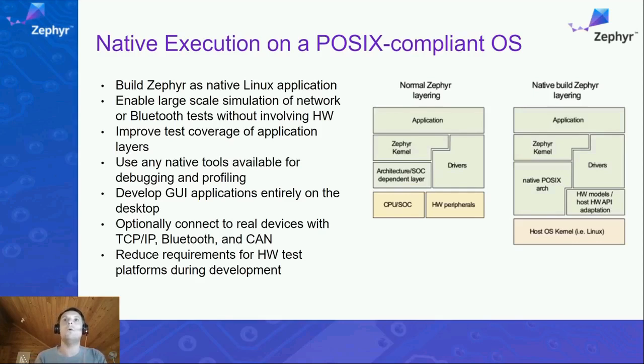So you get all the tools that you typically use for that, like Valgrind and gperf, and all of that can be used to basically reduce the turnaround time when it comes to building and then running and debugging your application. Instead of having to flash it, you just run the executable on Linux, debug it, recompile, and so on.